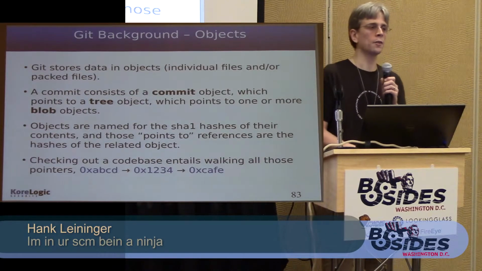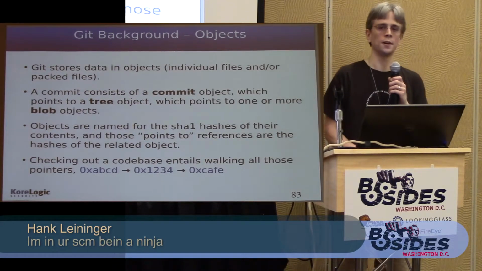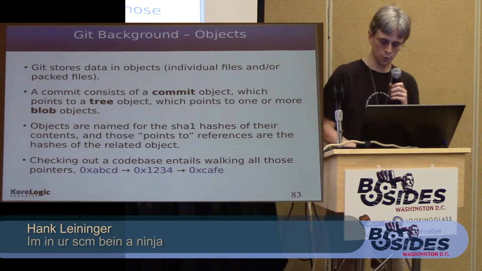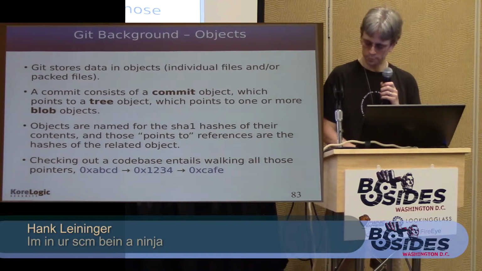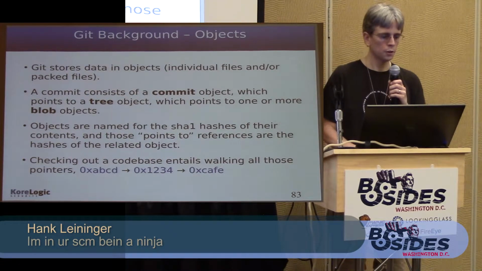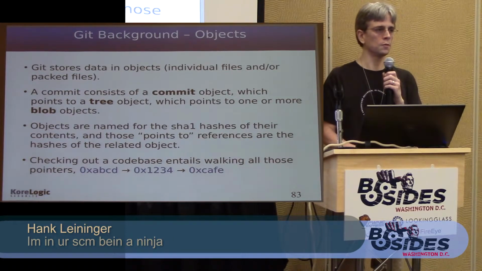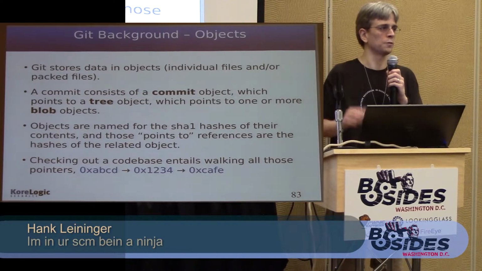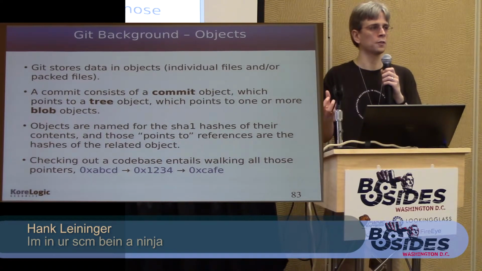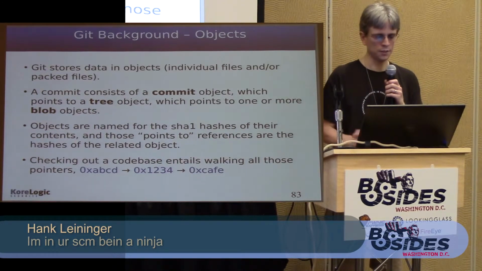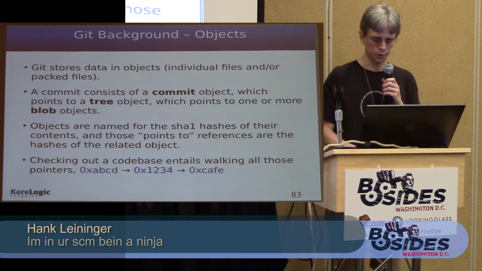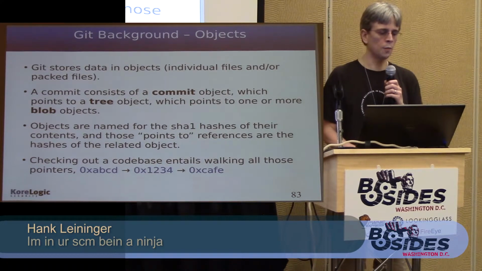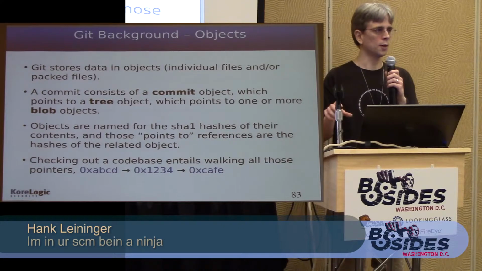A little bit of background on how Git stores stuff in the back end, so that I can then show how those other examples do or don't fit. Git stores interesting things in objects, which are special files, or packs of objects, but that's a distinction we don't need to dwell on. There are 3 kinds of objects.